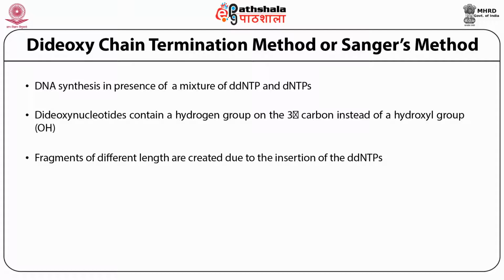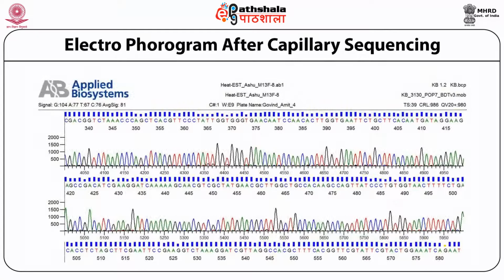So, a chromatogram is created that tells the position of nucleotides. By this method, automation has been done and very easily hundreds of DNA fragments are sequenced in a single plate. Due to the introduction of capillary electrophoresis, the speed of sequencing has been dramatically increased.